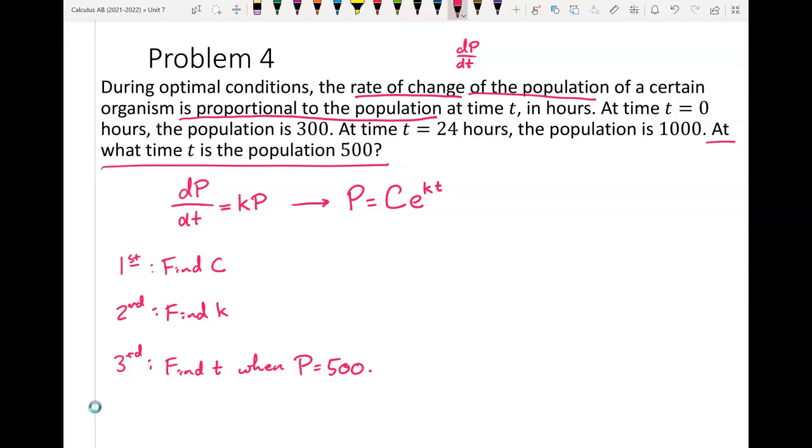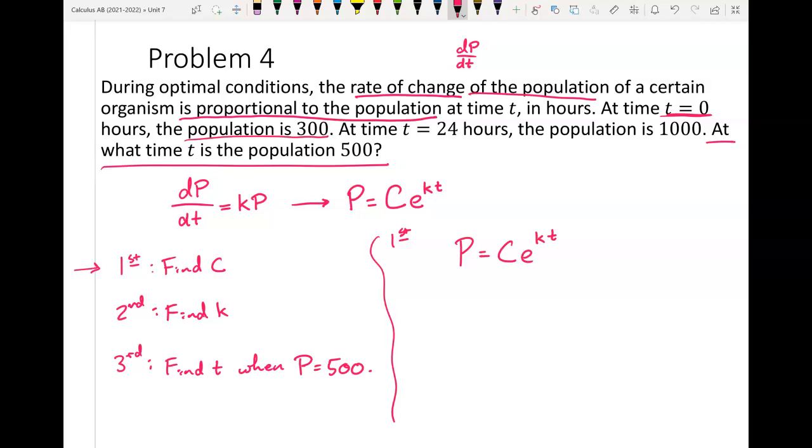All right, so we should hopefully have gotten to this point. I'm going to do the first step. Our first step, C should be equal to 300, because when time equals 0, population is 300. If you remember, we have P equals C e to the kt.